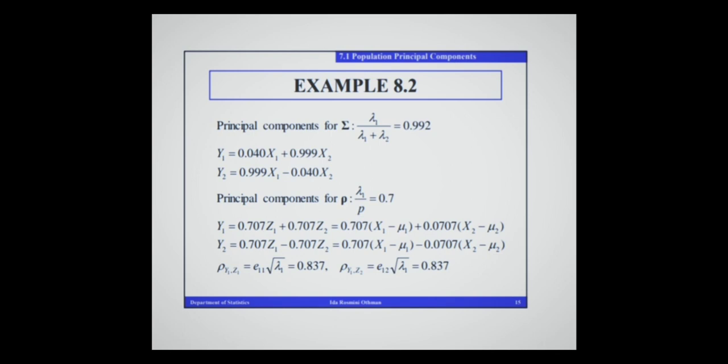Let's see what is, here it first shows how you get the value of variation, right? Value of variation, proportion of population variance.